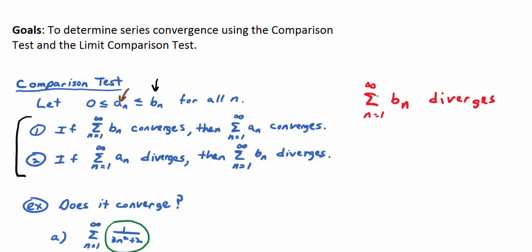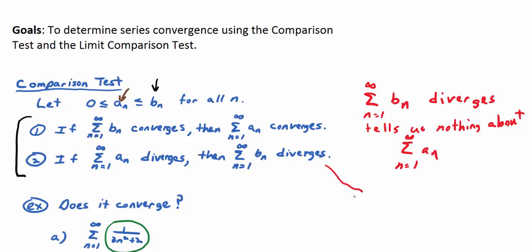It does not, because the individual b sub n are bigger than the individual a sub n. So this result tells us nothing about the sum involving the a sub n.